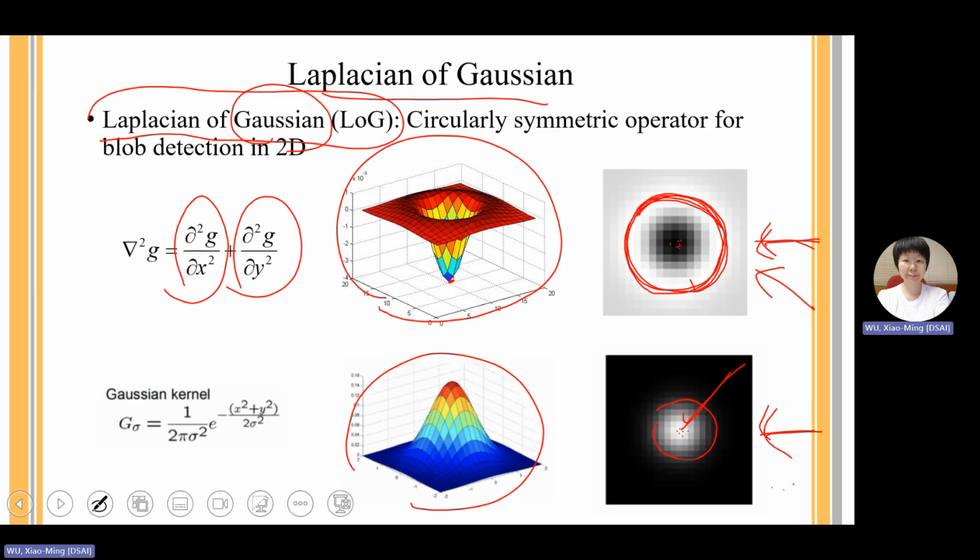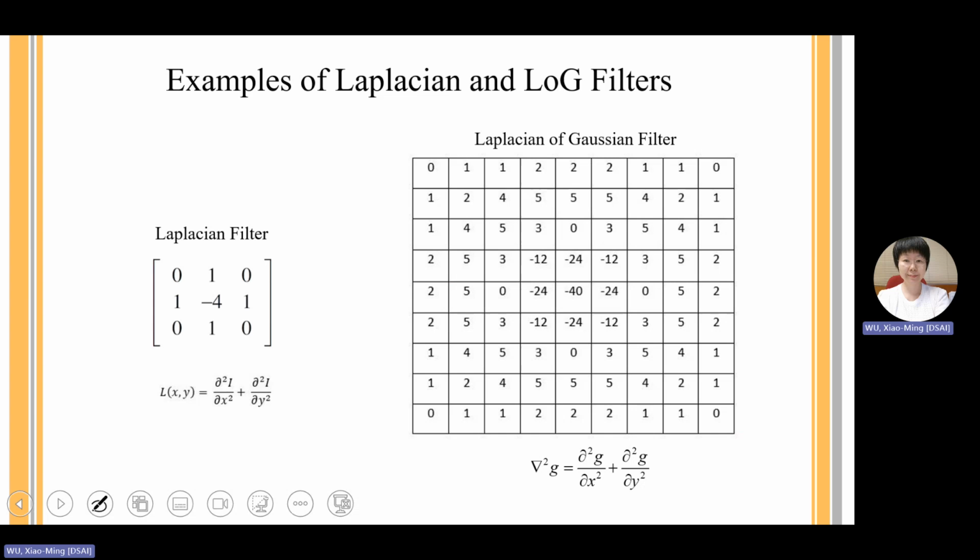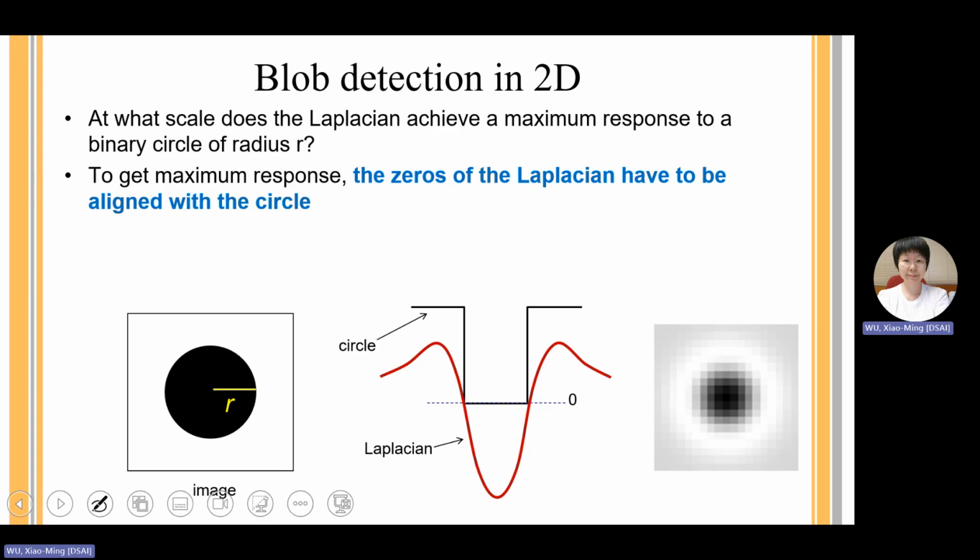So this is the Laplacian filter, and this is the Laplacian of Gaussian filter. I put them here for your reference. Well, this is the Laplacian of Gaussian function. Okay, suppose we have a blob image.